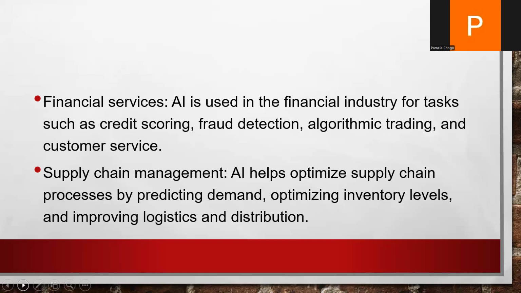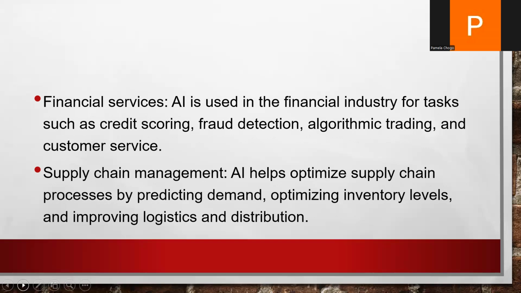In financial services, AI is used in the financial industry for tasks such as credit scoring, fraud detection, algorithmic trading, and customer services. So, for those who like online trading, AI is being used there. There are a lot of algorithms.